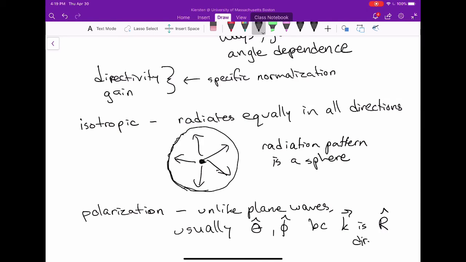So since k is r-directed, you end up with electric fields that are perpendicular to k. So usually we're talking about things in terms of the theta and phi unit vectors rather than the Cartesian unit vectors like we did for plane waves.